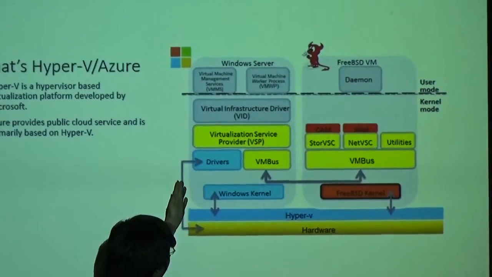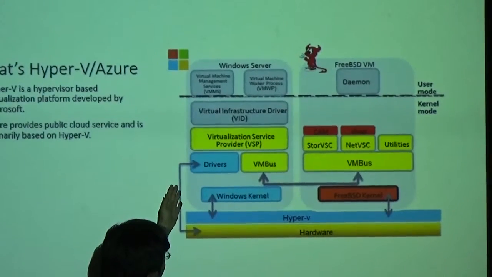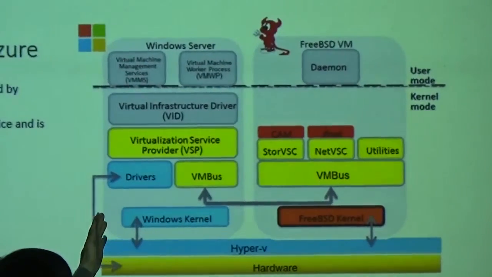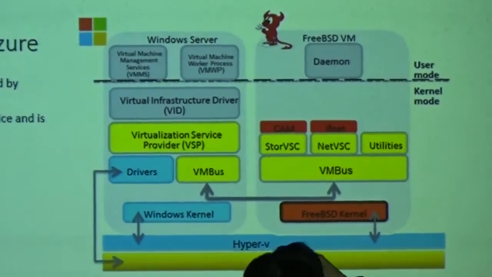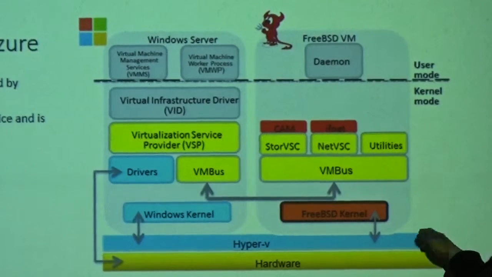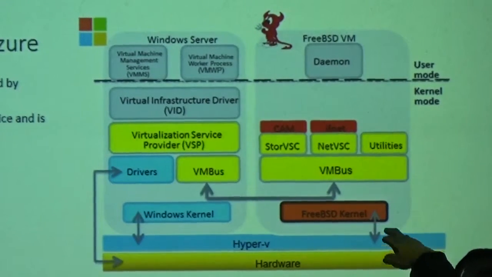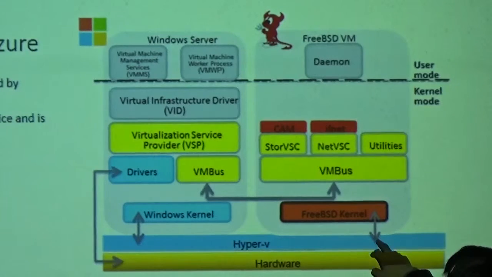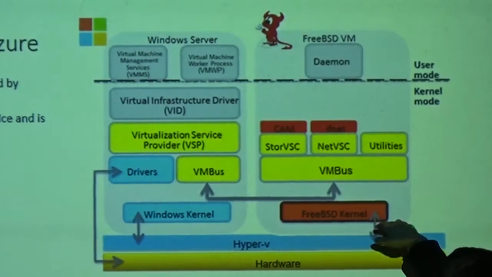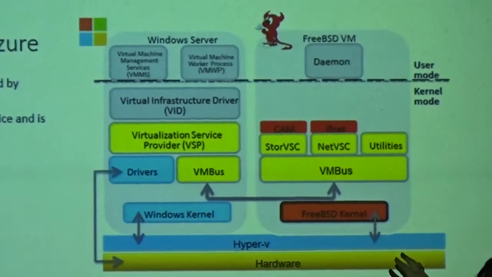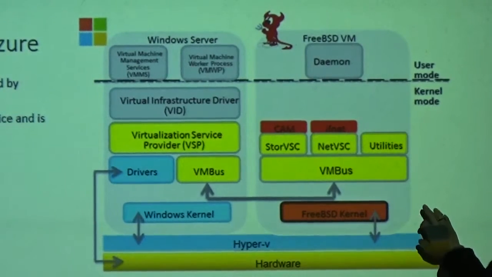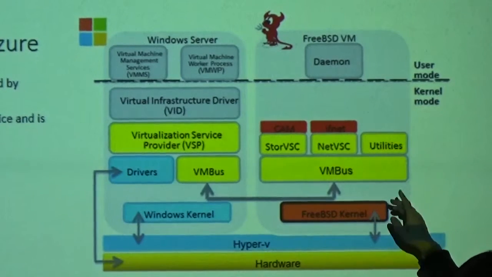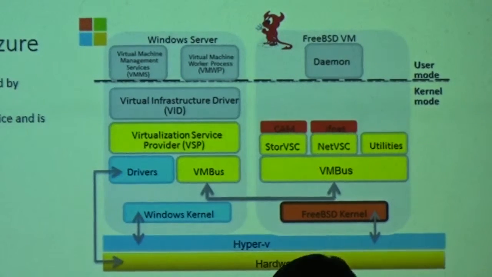Windows Server acts kind of like Xen's Dom0, and FreeBSD is running completely as a guest. The kernel just interacts with Hyper-V, and the basic infrastructure is kind of different. Hyper-V does not emulate a full PCI bus. It uses a private bus called the VMBus, which uses different communication protocols.